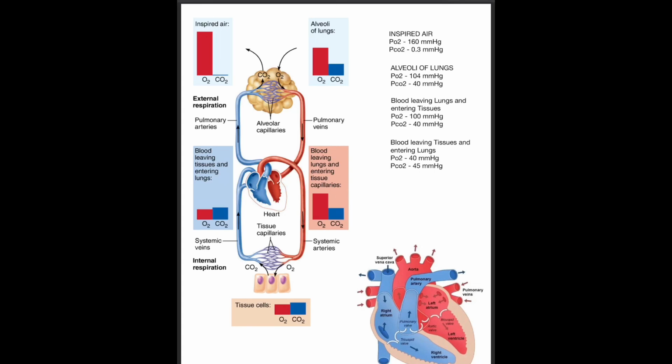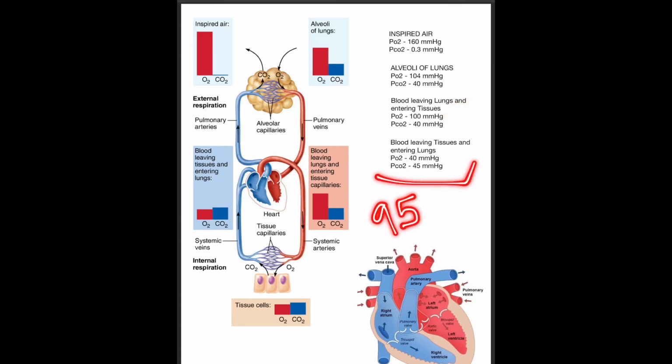In the alveoli of the lungs, we know the partial pressure of oxygen is 104, and in the oxygenated blood the partial pressure is 100. But due to the venous admixture of blood from the bronchial circulation into the oxygenated blood, this 100 drops to 95.